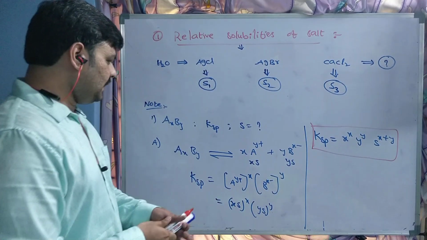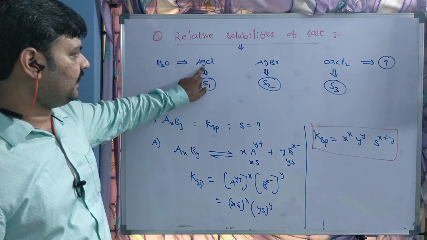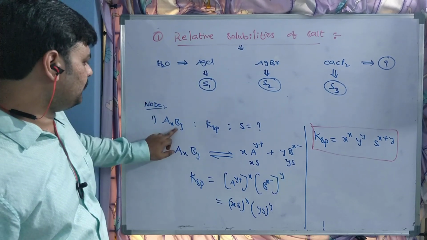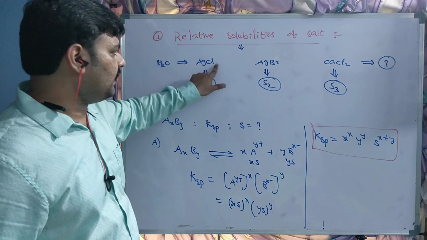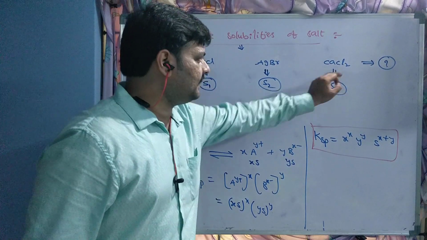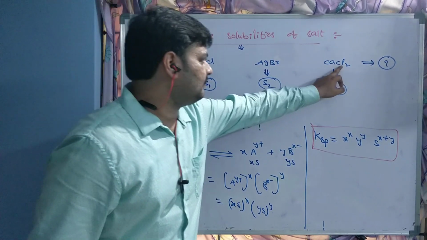So, by knowing the x value and y value from the salt, take for example AgCl. Here in the place of A, we have Ag, in the place of B, we have Cl. So, in the place of x and y, we have 1 and 1: 1 Ag and 1 Cl. Then take CaCl2. In the place of A, Ca is there. In the place of B, Cl is there.